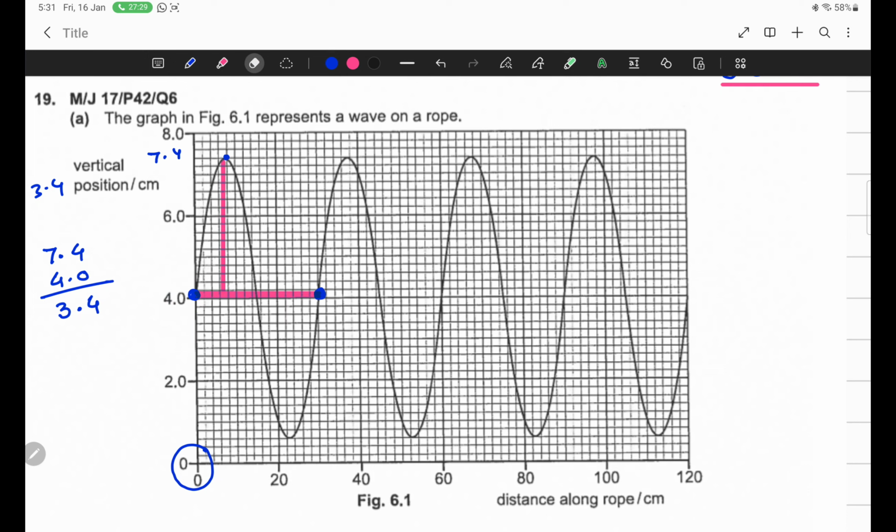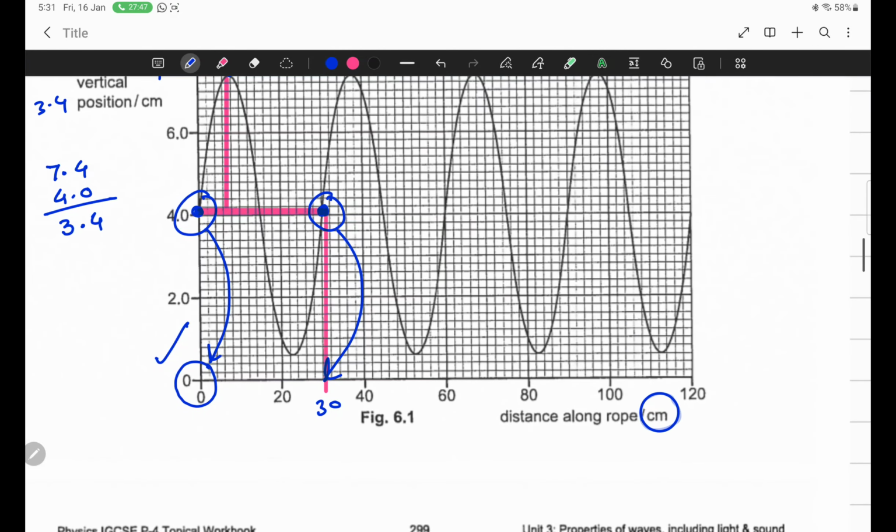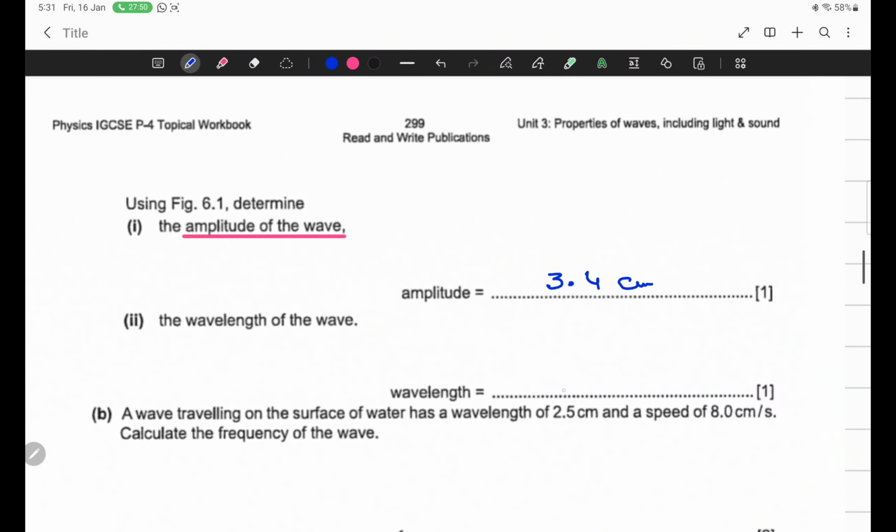So along the horizontal axis, the starting point is 0, and the final point is at 30 centimeters. So the length of one cycle is 30 centimeters. So 30 centimeters is the wavelength.